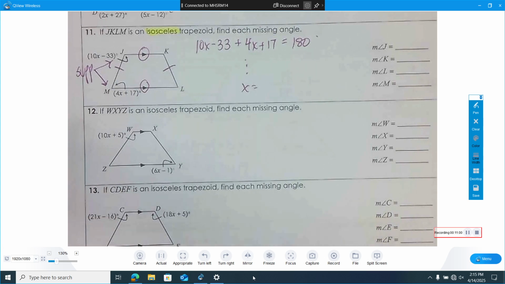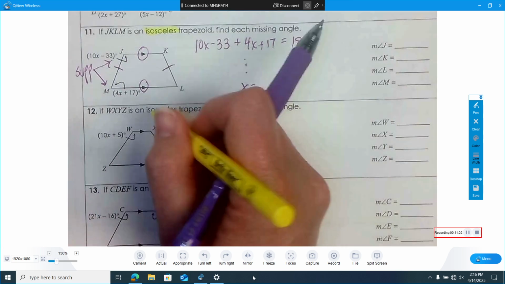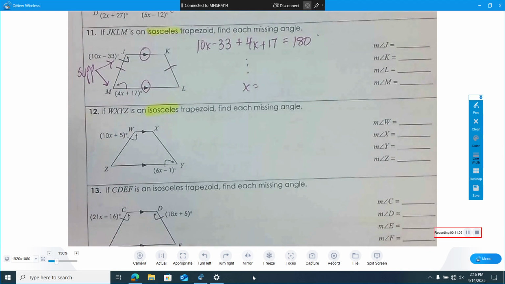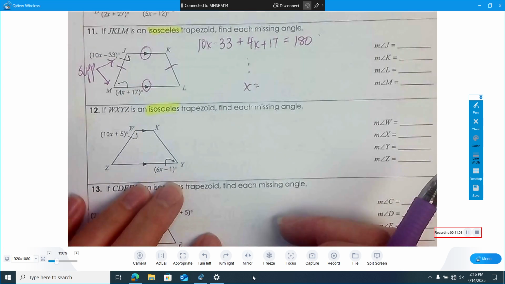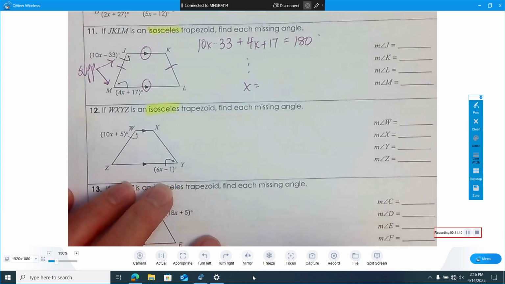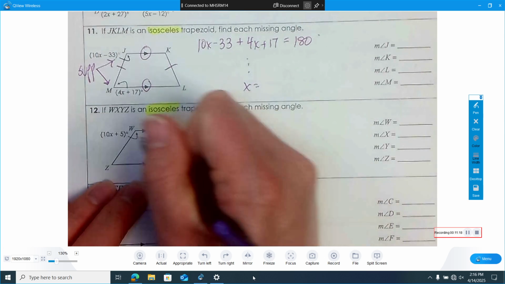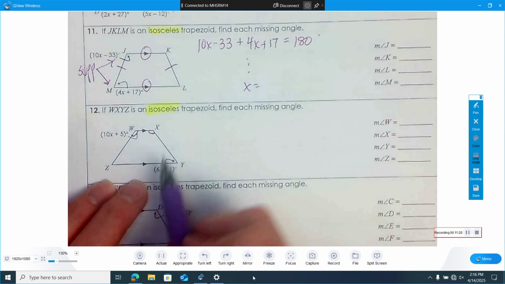Again, WXYZ is isosceles. So how are we going to figure this one out? What's our setup? They equal 180? X and W are congruent. Okay.